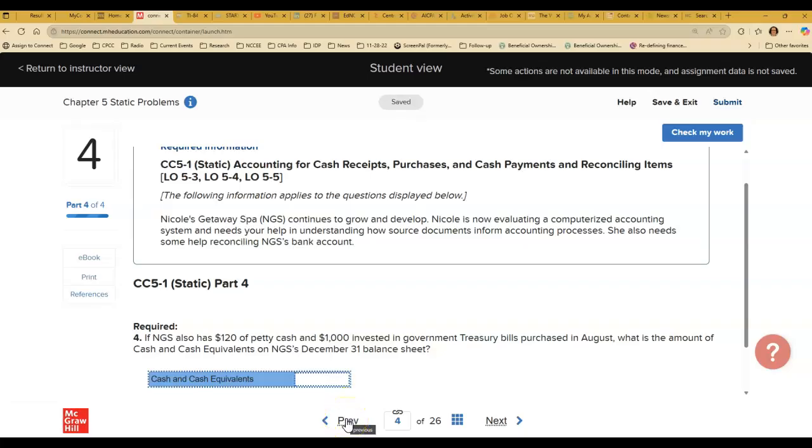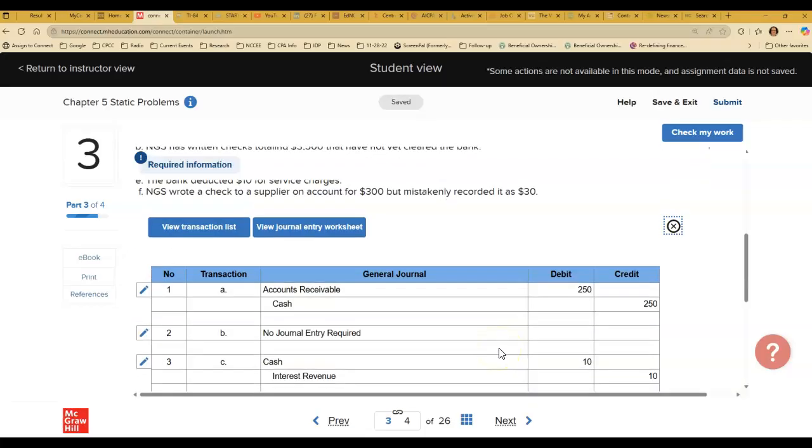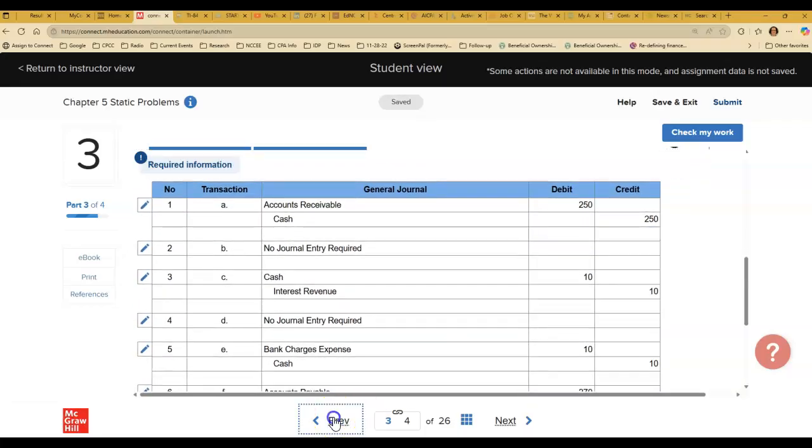Let me ask it this way. Is that the only cash that we have? What else do we have? Oh, there you go.